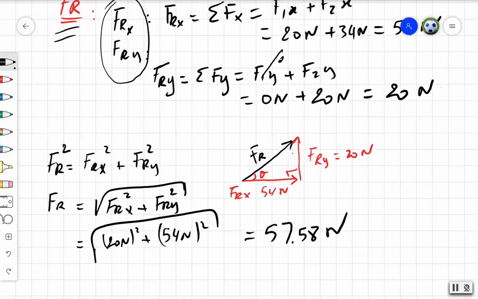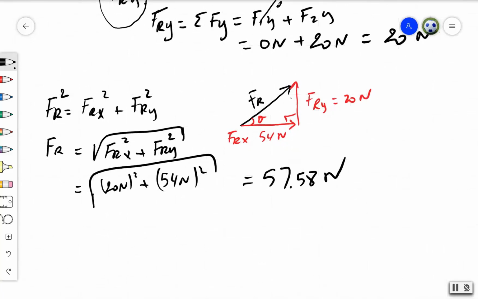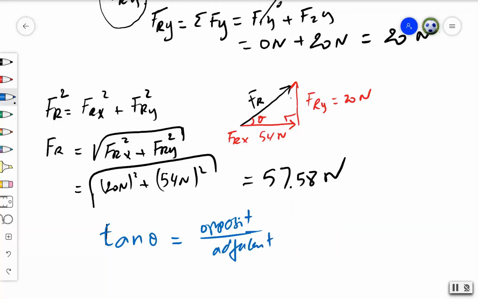Now, what about the theta? From this right triangle, we can say that tangent of theta equals the opposite over the adjacent, right? And I have them.